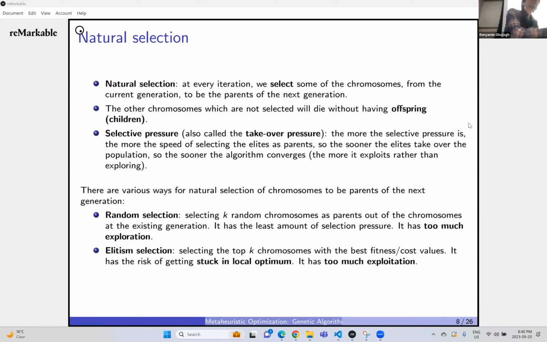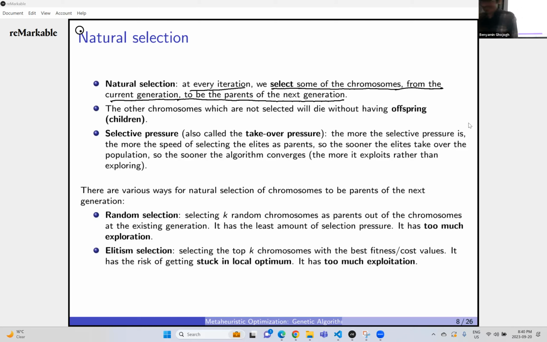Some particles, some chromosomes die because they were not good or they were not adapting to the environment. Some remain and they become the parents of the next generation, right? This is natural selection. So at every iteration, we select some of the chromosomes from the current generation to be the parents of the next generation, and the others will die.